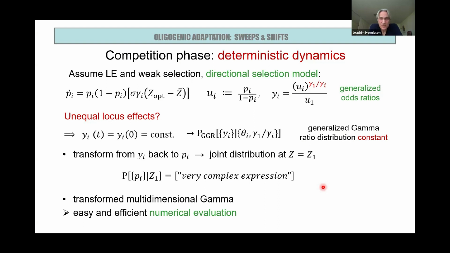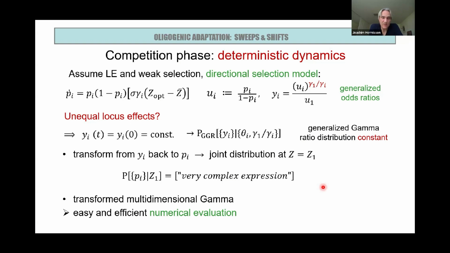And the advantage of that is that we can very easily numerically evaluate the whole thing. So maybe it's not very easy to gain insights just from looking at the formula, but there is an easy way to numerically evaluate it, just because it's very easy to draw random numbers from a gamma distribution.